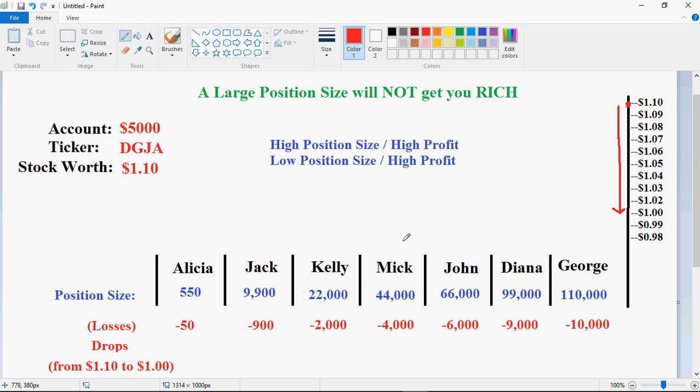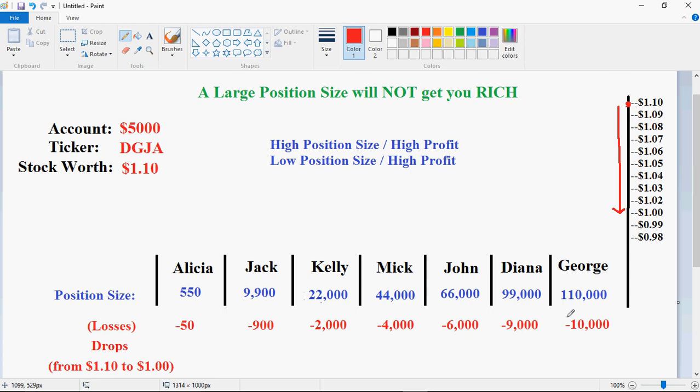Right now, it dropped 10 cents. You see that? There's a 10 cents drop. At 10 cents drop, Alicia is now at a $50 loss. Jack is at 900 loss. Kelly is at 2,000 loss. Mick 4,000. John 6,000 loss. Diana minus 9,000. George minus 10,000.